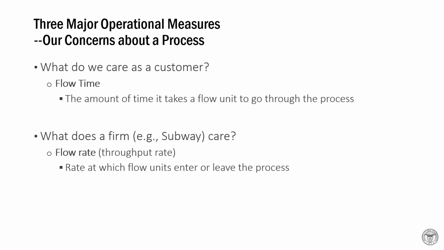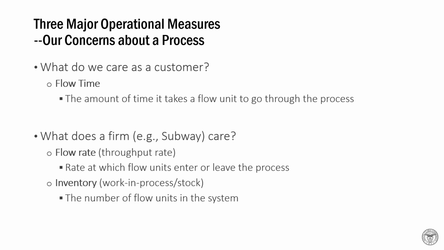Flow rate or throughput rate refers to the speed at which these flow units are processed. In other words, the rate at which sandwiches are made and handed to customers. Lastly, inventory, also known as work in process or stock, represents the number of flow units within the system at any given time.